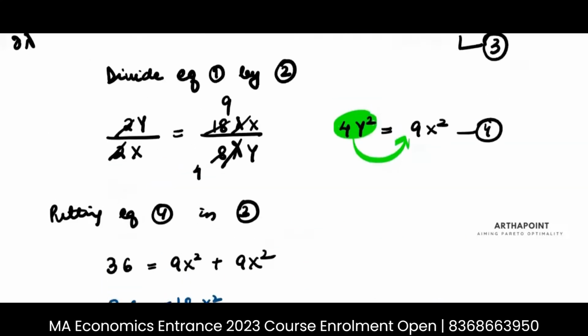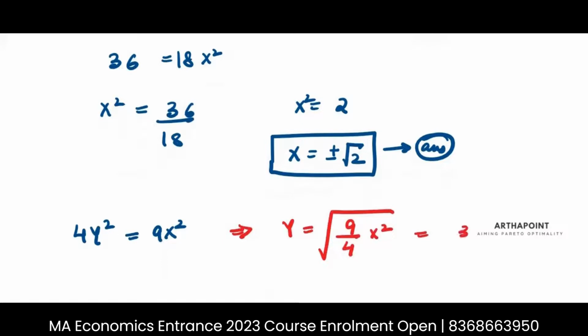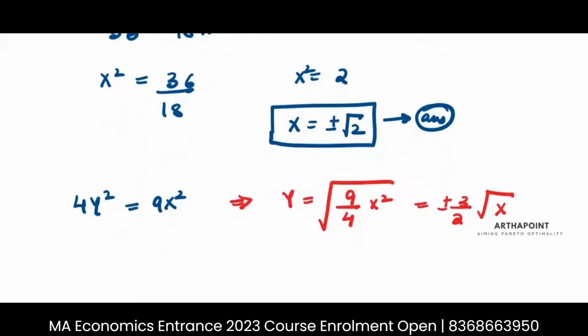Now, what was y really? We had 4y squared is equal to 9x squared. From this, we get y is equal to the square root of 9 by 4 x squared, so we get 3 by 2 x with plus and minus, not under root of x, just x. And we know that x is plus minus root 2.